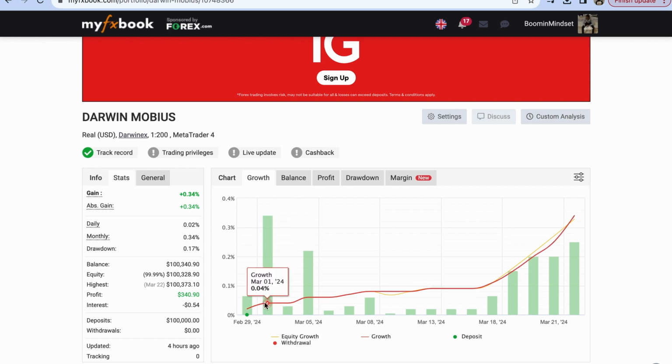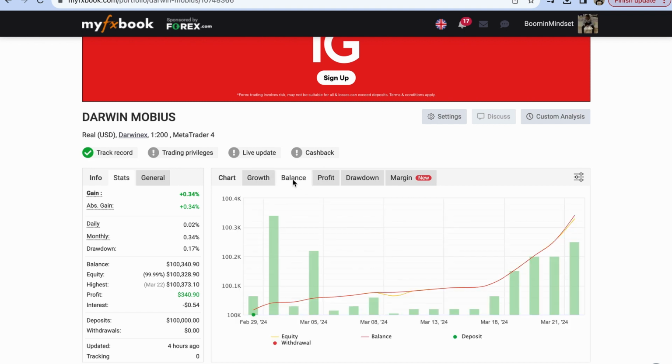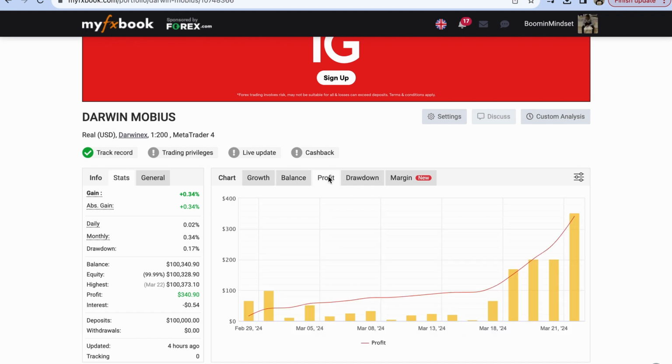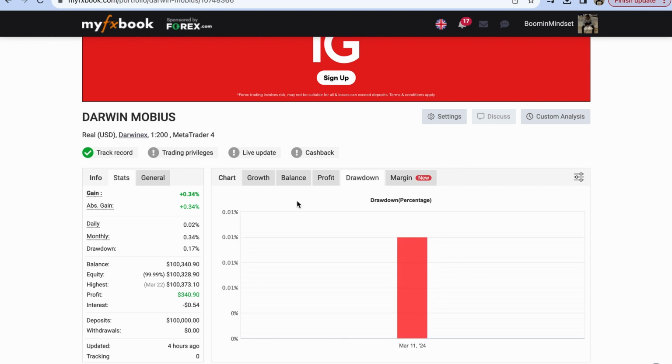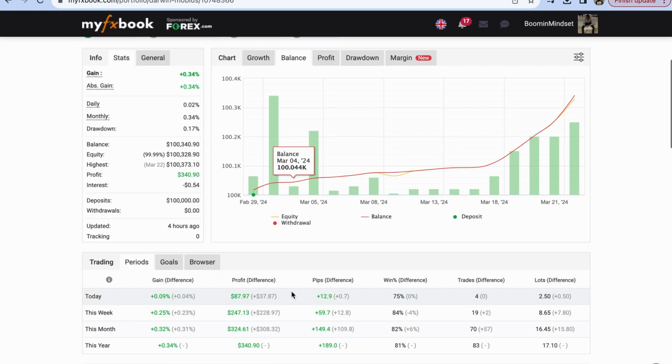And that's just how it's going to go. So as we can see, my equity curve has just been straight up, straight up, straight up. Nothing crazy, nothing dramatic or anything like that, right?